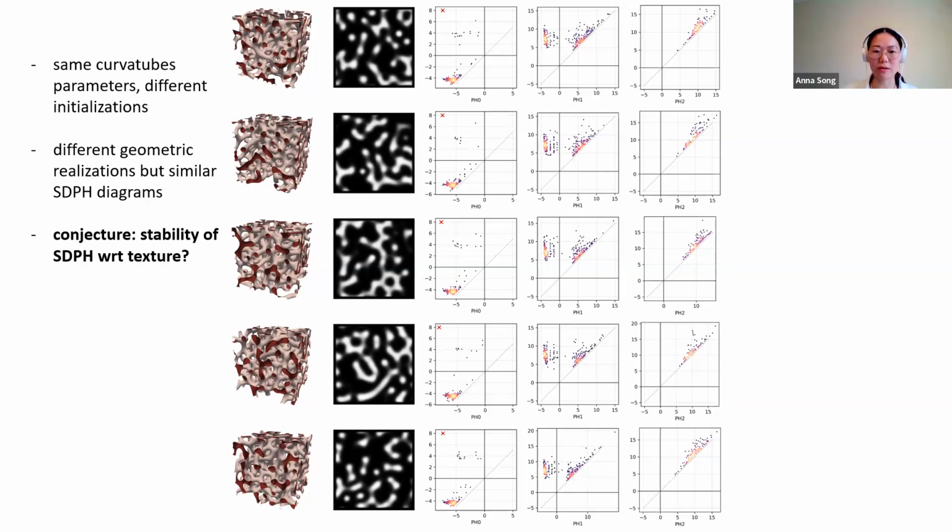But here it's a stronger result. Even if your shapes have a very large distance in terms of infinity norm, their diagrams are still very close to each other, at least empirically. So it would be interesting to explore in the future whether or not there's a new notion of stability with respect to texture involved here.